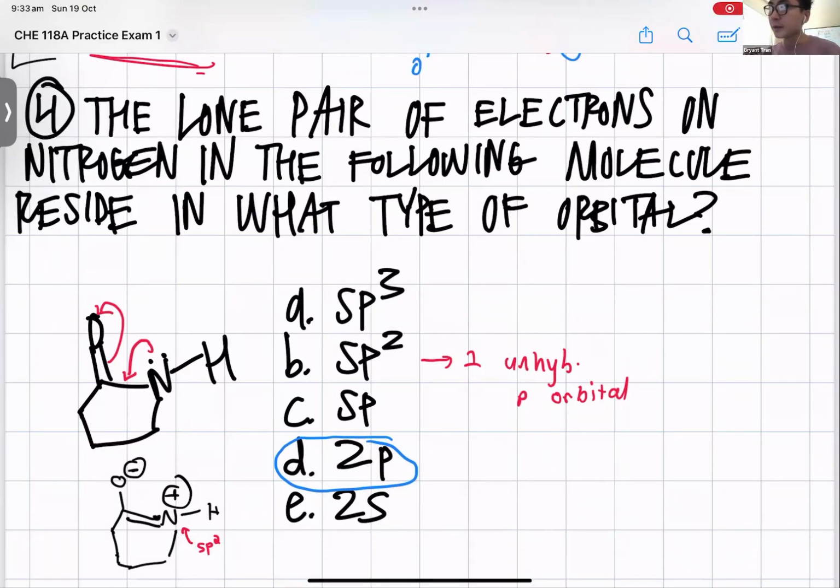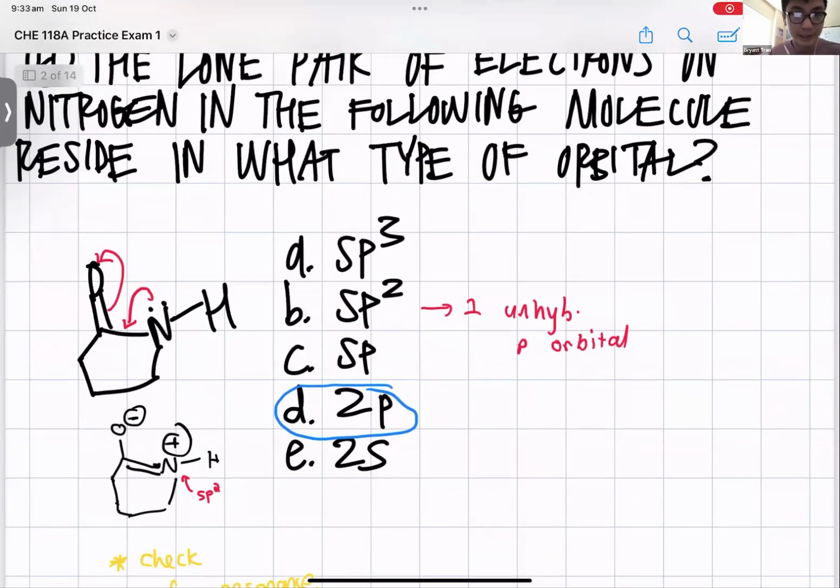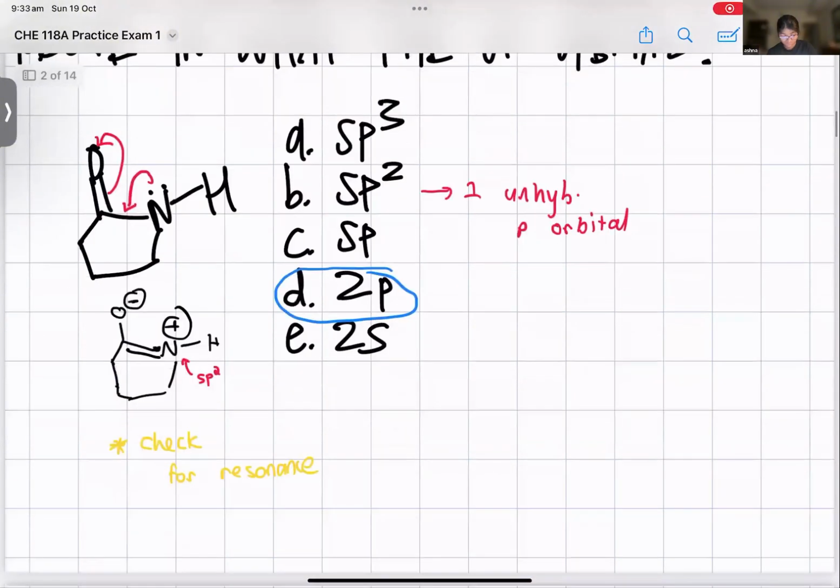That nitrogen pair of electrons cannot do resonance, which is why it's going to be in a hybridized orbital, like sp2 in that structure. Oh, I see. I just made it based off his practice worksheet. Okay. Nice.